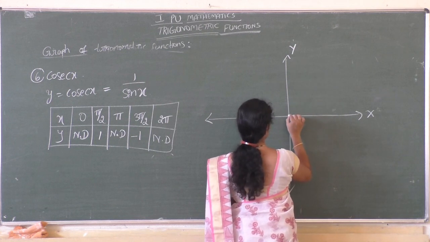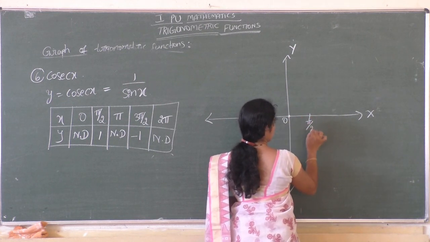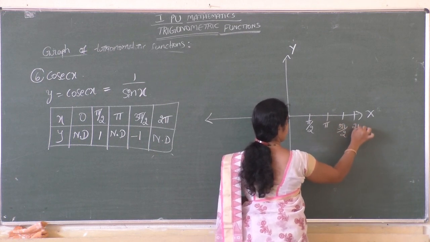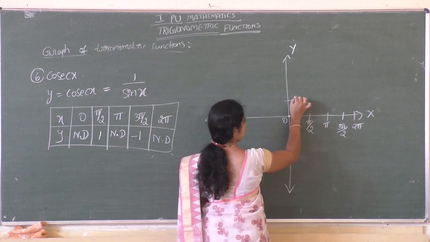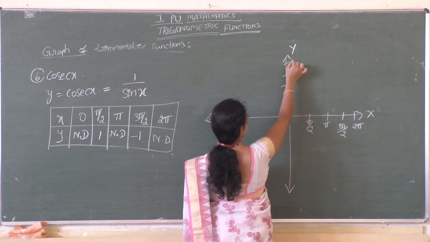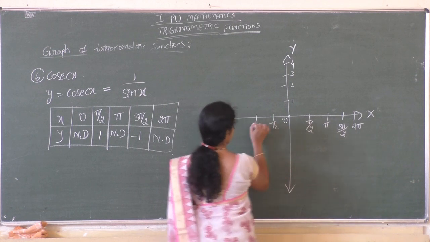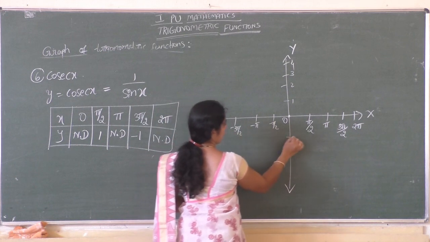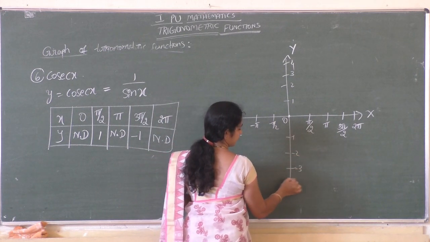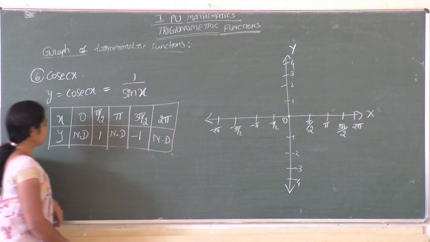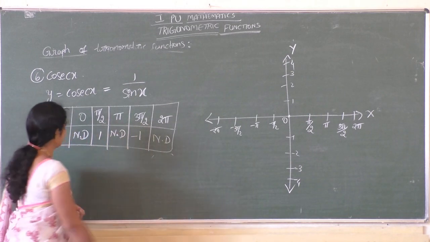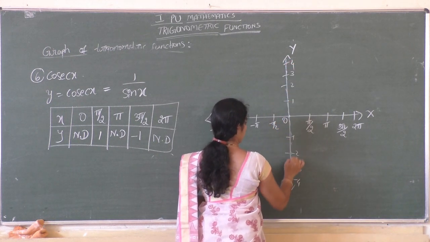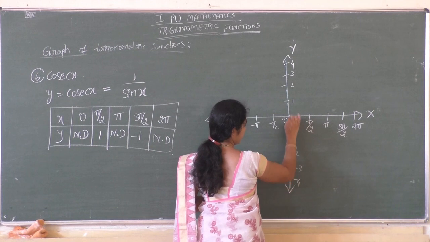On the x axis we mark 0, pi by 2, pi, 3 pi by 2, 2 pi. On the y axis we mark 1, 2, 3, 4 and the negative values minus 1, minus 2, minus 3, minus 4. Now, for which values is the function not defined? At 0 it is not defined, so put a dotted line.